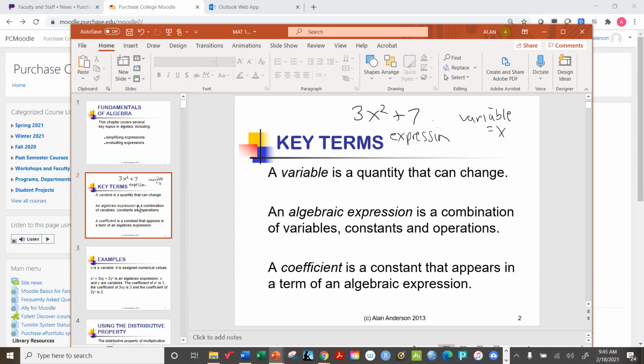It has a constant, which is 7. And it also has what's called a coefficient. The number that is multiplying x is called a coefficient.